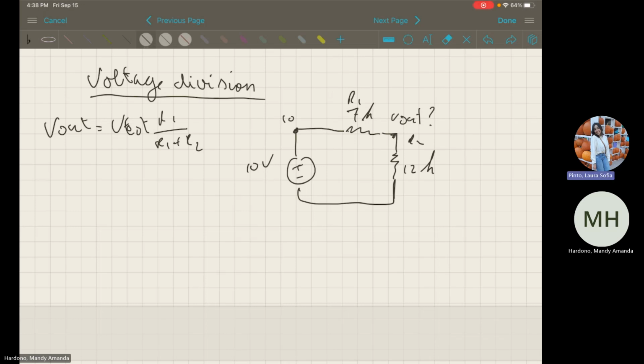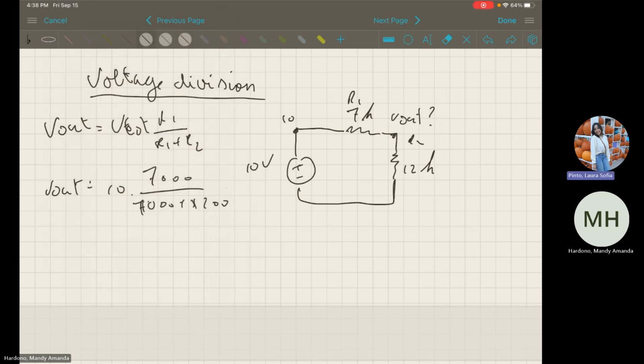Say over R1. So plugging that into the formula, you have 10 times R1, which is 7,000, divided by 7,000 plus 12,000, which is then how you find V out.